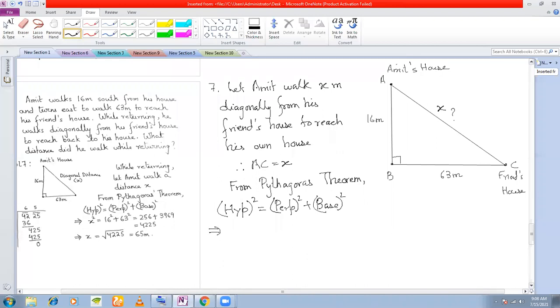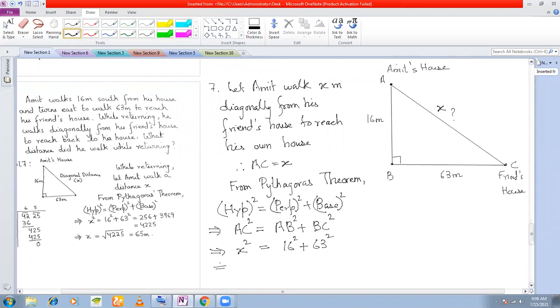The hypotenuse here is AC, so AC square. Perpendicular here is AB, so AB square. And base here is BC, so BC square. Now we put the values. AC we have taken as x, so this becomes x square. AB is 16 plus BC here is 63.